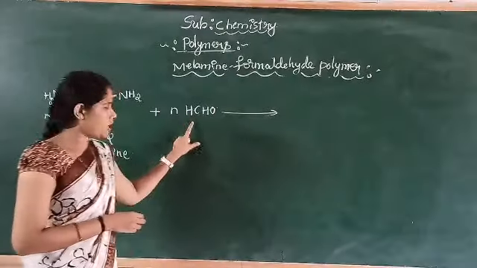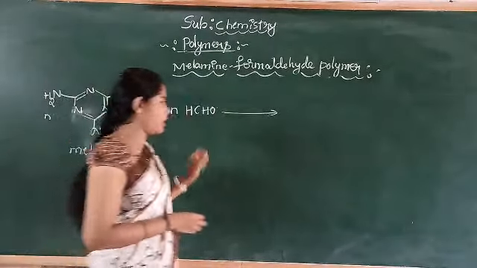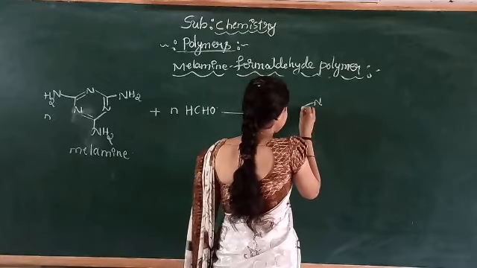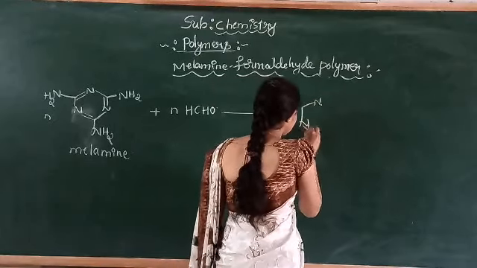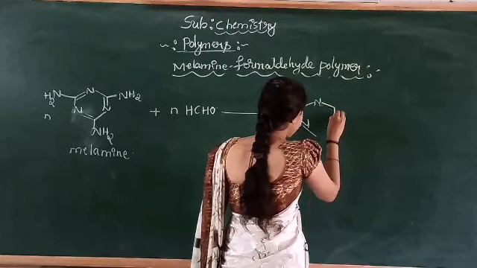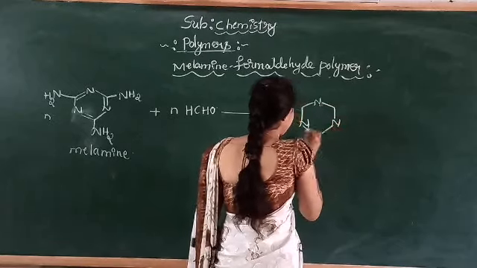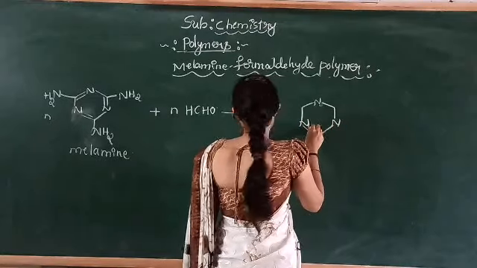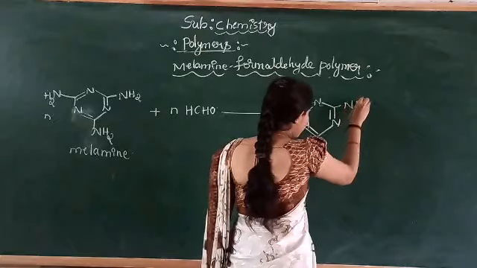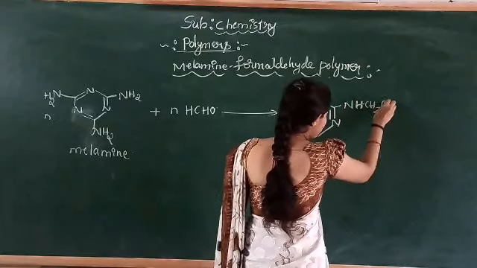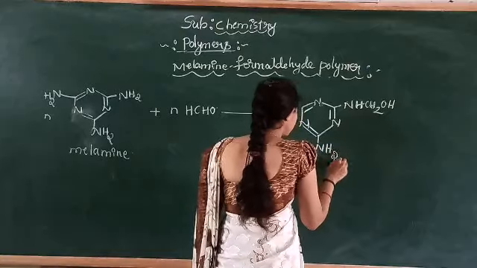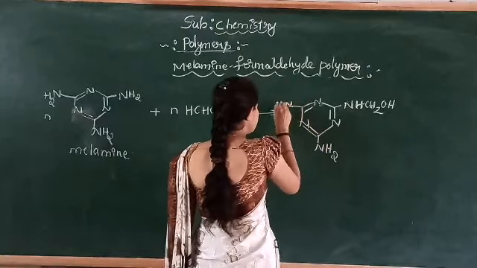Upon the reaction of formaldehyde and melamine, we get one intermediate that is known as resin intermediate. So here NHCH2OH, here NH2 and here NH2.